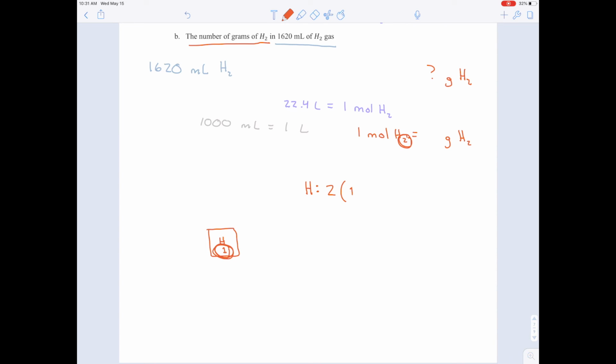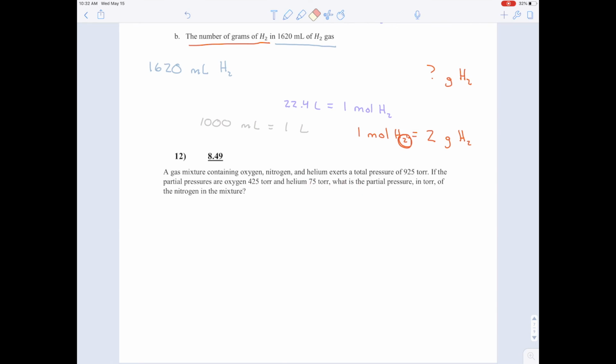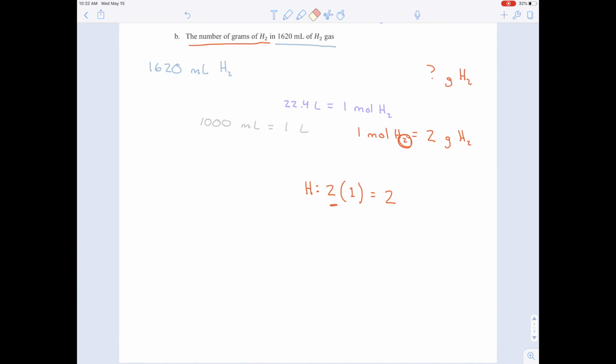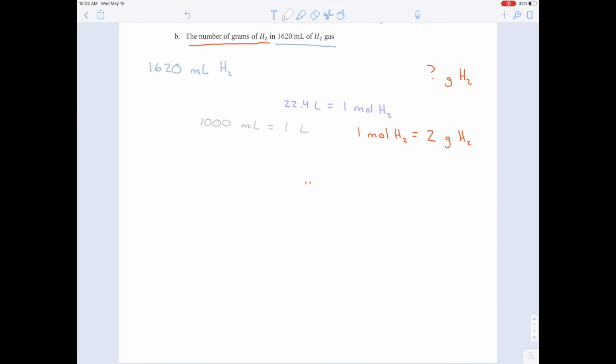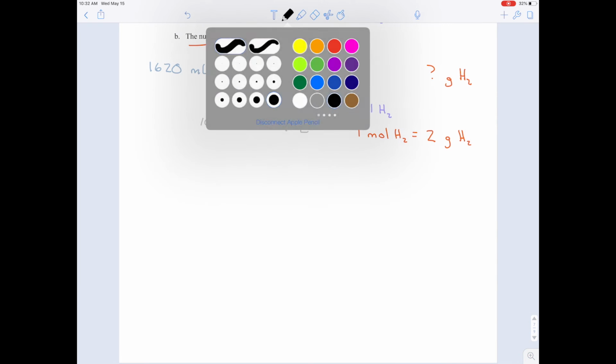So each mole of hydrogen will weigh 1 gram. Because we have 2 moles, it'll weigh 2 times 1, or 2 grams. So 1 mole of H2 gas will weigh 2 grams. And so we have our last conversion factor, the one that lets us get from moles of H2 to grams of H2.